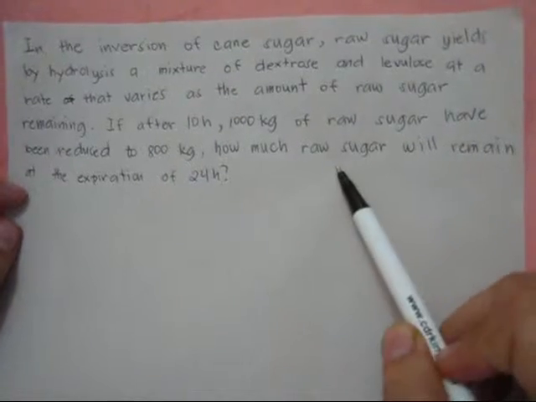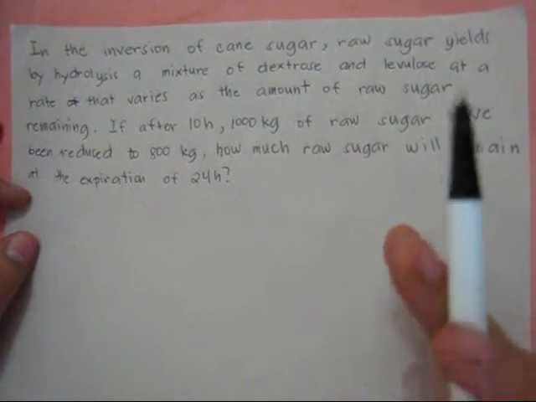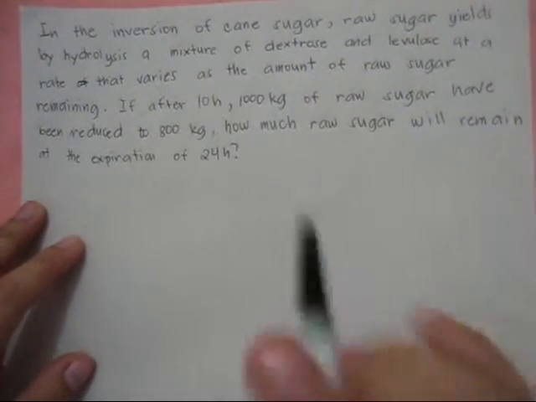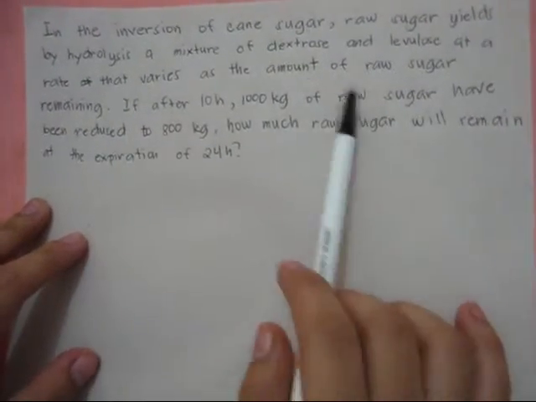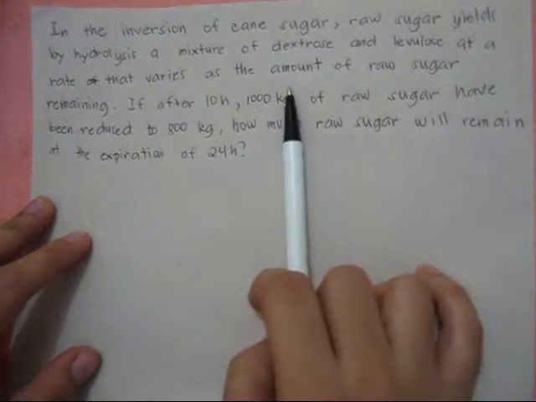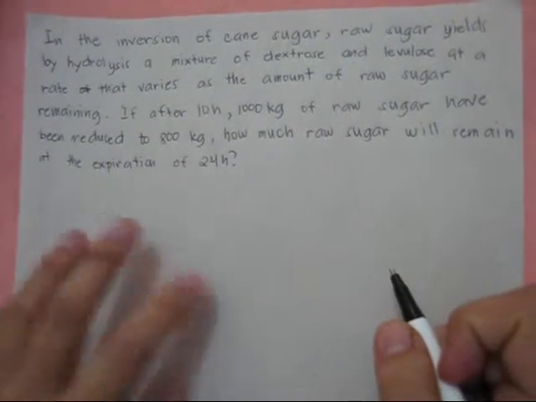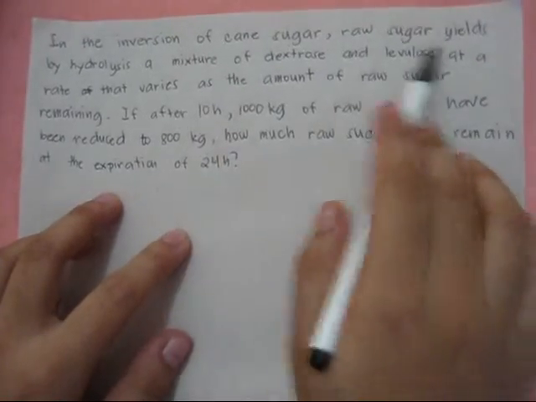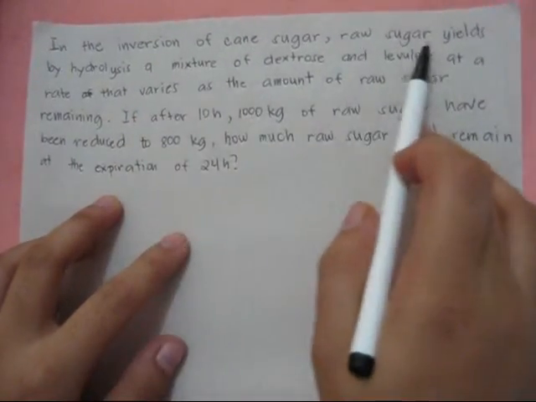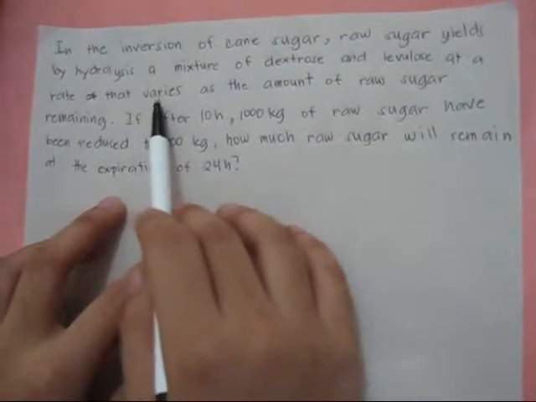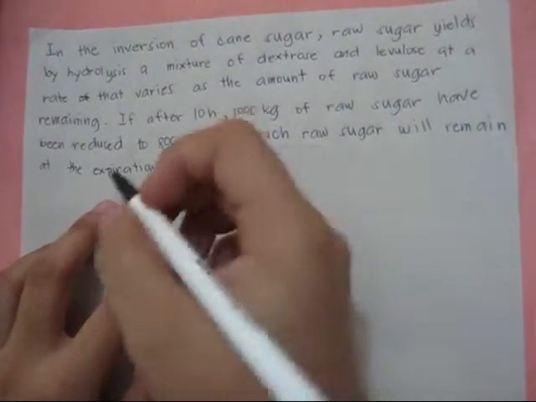So, as we all know, an identified problem is already half the solution. At first look, we might think that this is a chemical reaction, but it's not. It's growth and decay. So the raw sugar varies directly as the amount of raw sugar remaining.